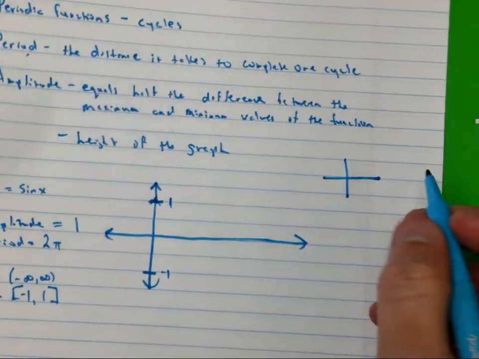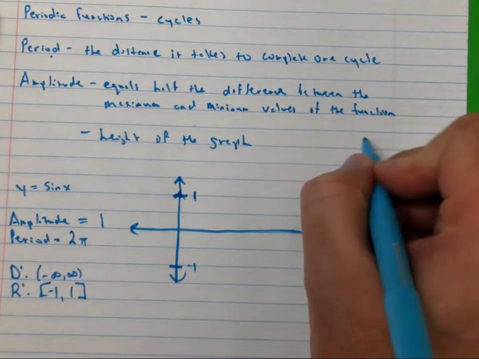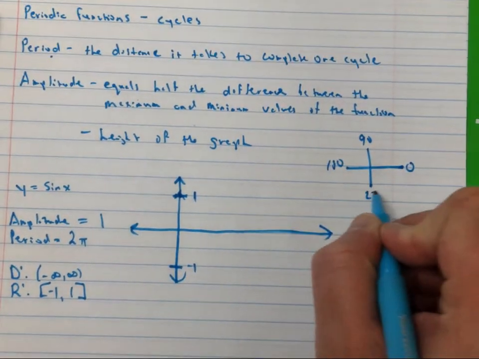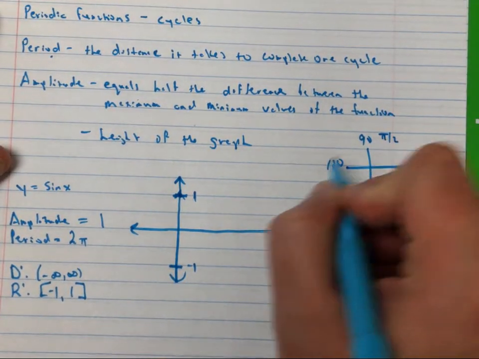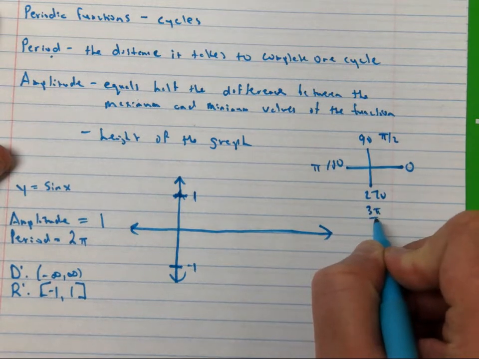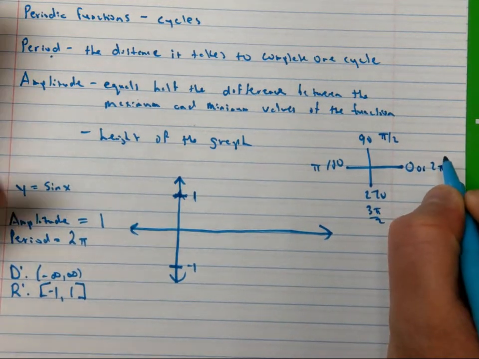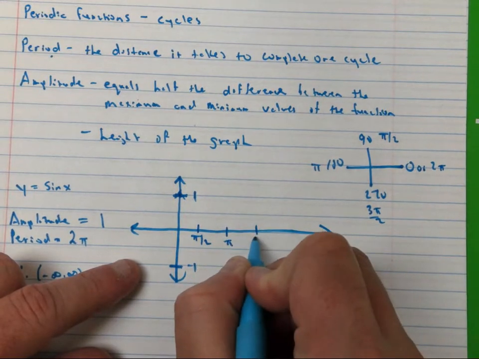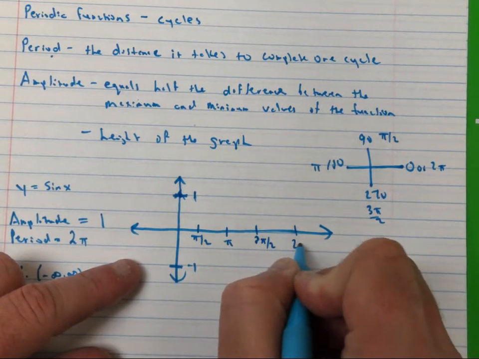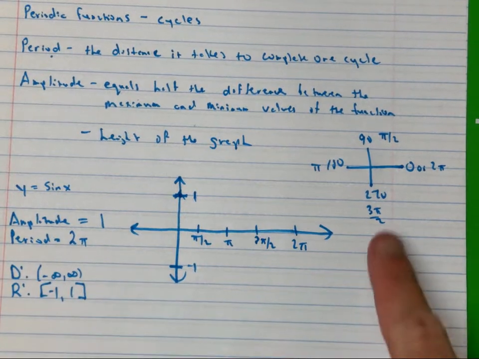And what I mean by major points is the 0, the 90, the 180, the 270, okay? But I want you to do it in terms of radians: pi over 2, pi, 3 pi over 2, and 2 pi. So I just want you to hit the major points.